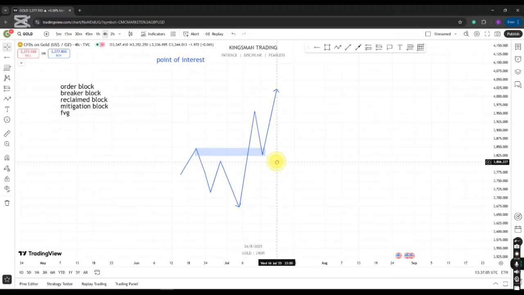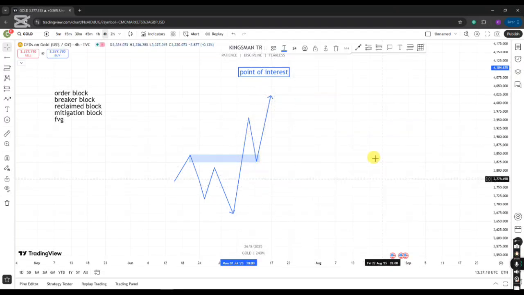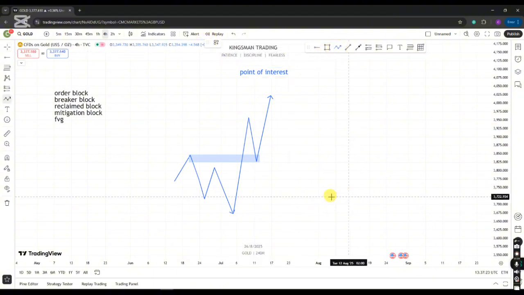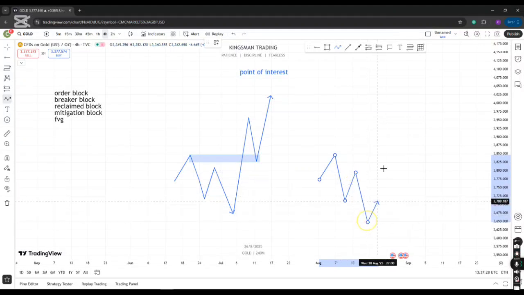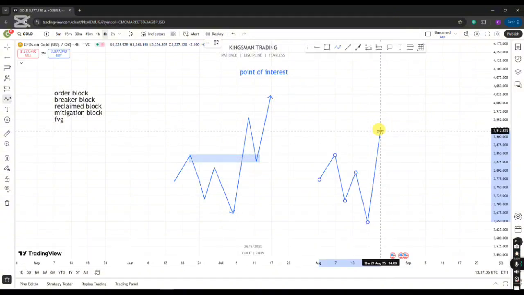And for a reclaim block, a reclaim block is also an order block that was invalidated and later reclaimed again. Let me also give you an illustration. Now this is an order block that you expect price to react from. Then price broke above it, and then it still came inside that zone.